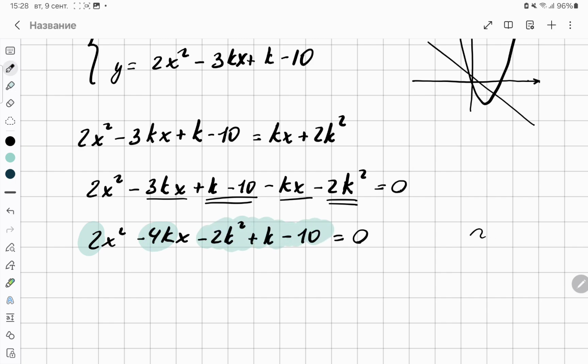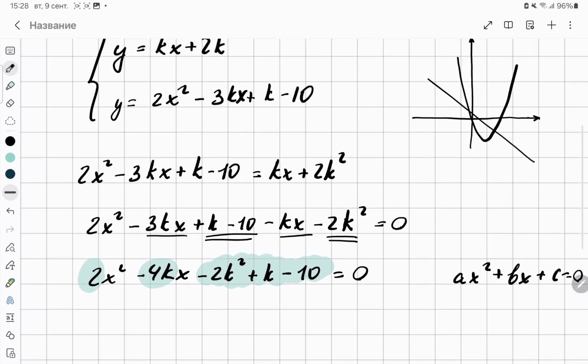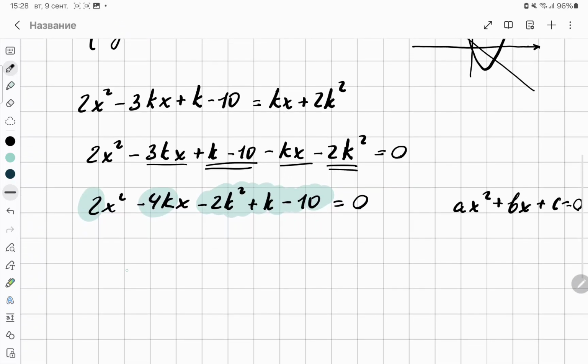Remember, the quadratic equation can be written in general form: ax squared plus bx plus c equals 0. Now we know that the discriminant shows how many common points these two curves have. If the discriminant is more than or equal to 0, it means that we have at least one common point. So a good idea is to find the discriminant.